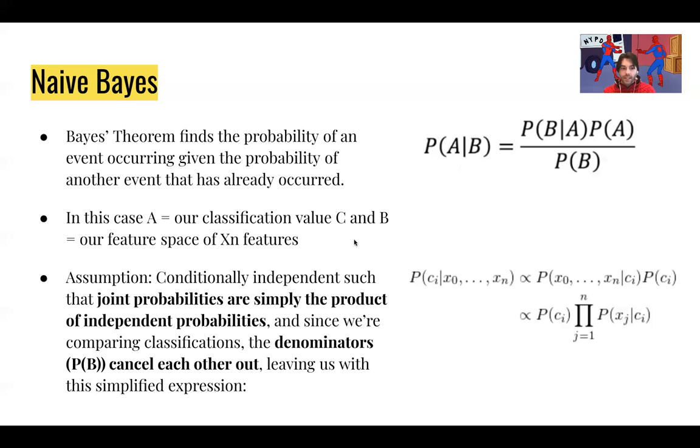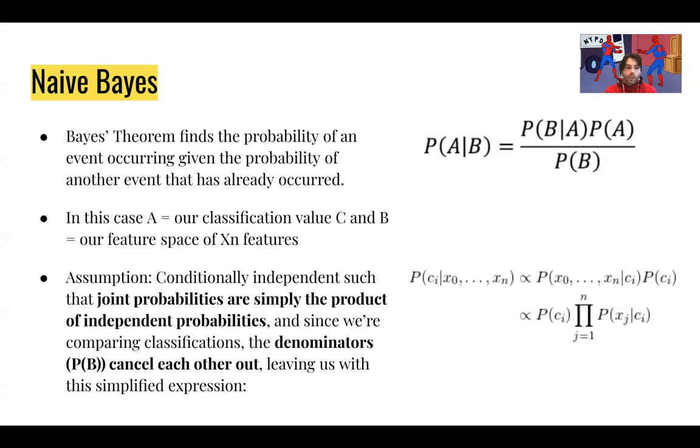And B is the unique instance of our feature space. If you have, let's say, 3 variables, x1, x2, x3, B is whatever that unique permutation of x values happens to be, and the probability associated with that.